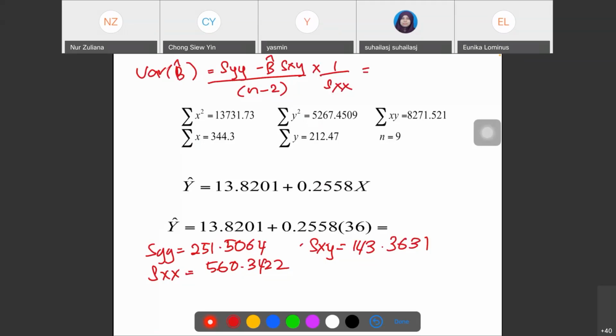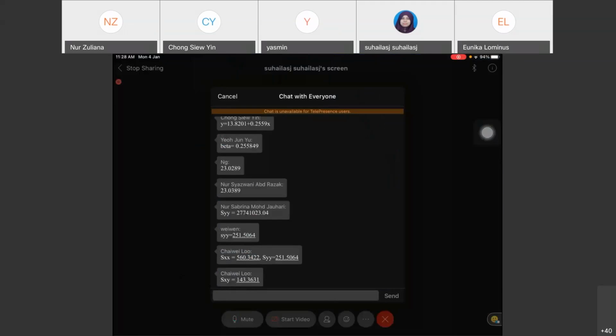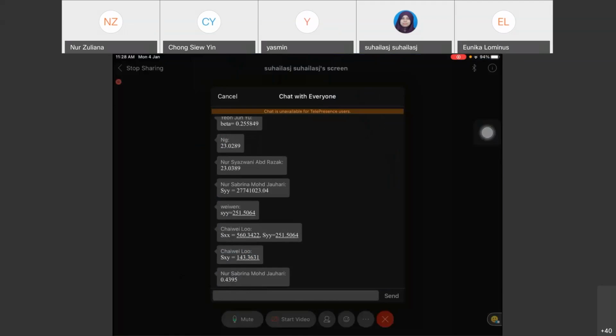Okay, anyone already get the answer? So again, try to find the answer first. What is the value for the variance of beta head?